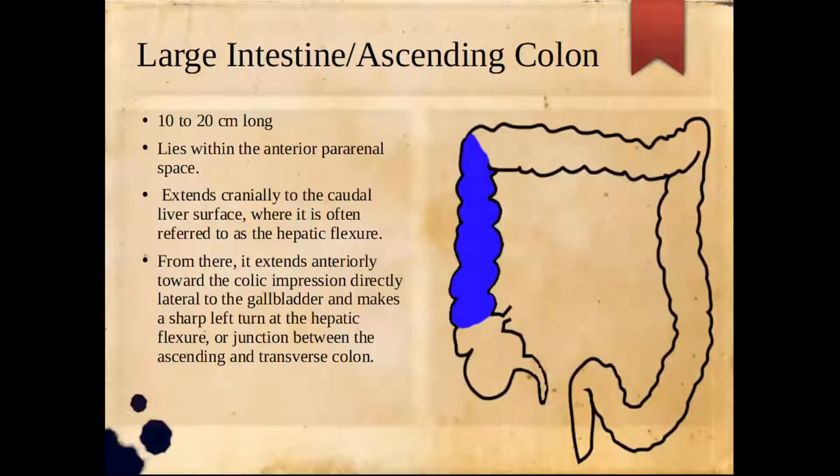If we go one by one, this is the ascending colon. The ascending colon, as I told you, is about 10 to 20 centimeters long. It starts after the ileocecal junction, going cranially to the caudal surface of the liver, where we call it the hepatic flexure.